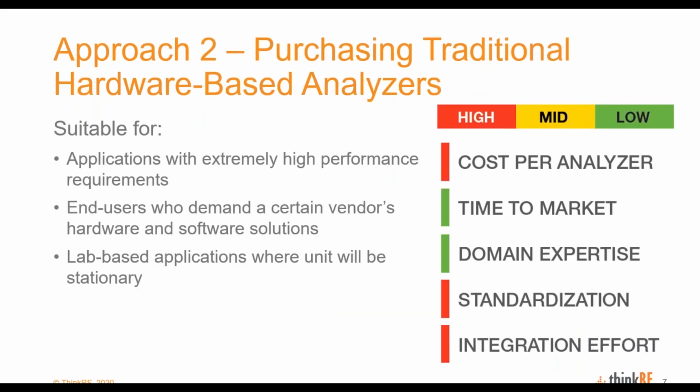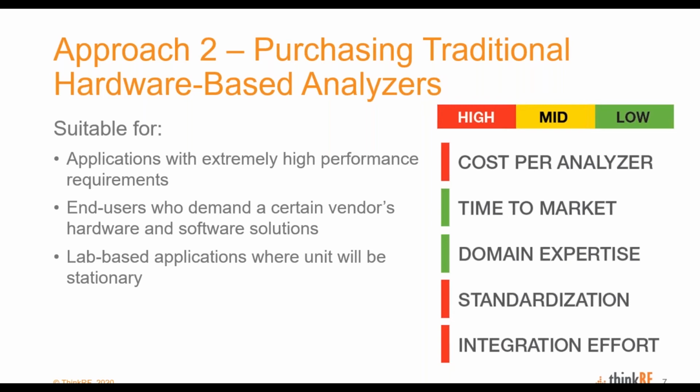The second approach is to purchase traditional hardware analyzers, so working with what's already out there. This is really suitable where you have requirements which need high RF performance, a high RF fidelity requirement essentially.